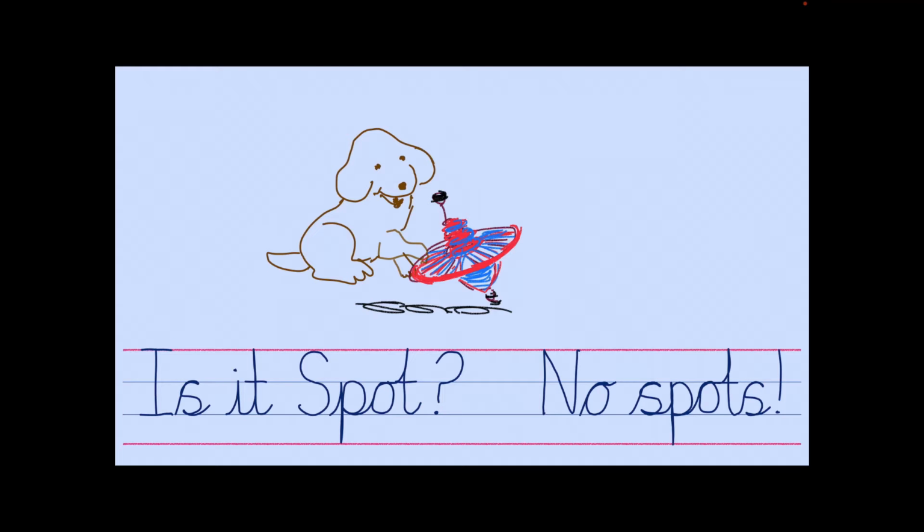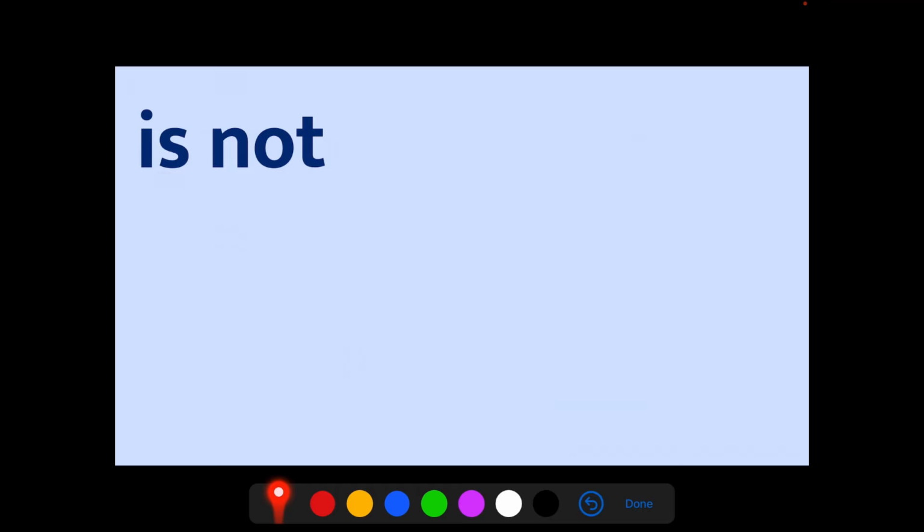Our next sentence is going to use the word isn't. Now we take it from is and not. Is not. First thing we do is omit the space between the words. Isn't.